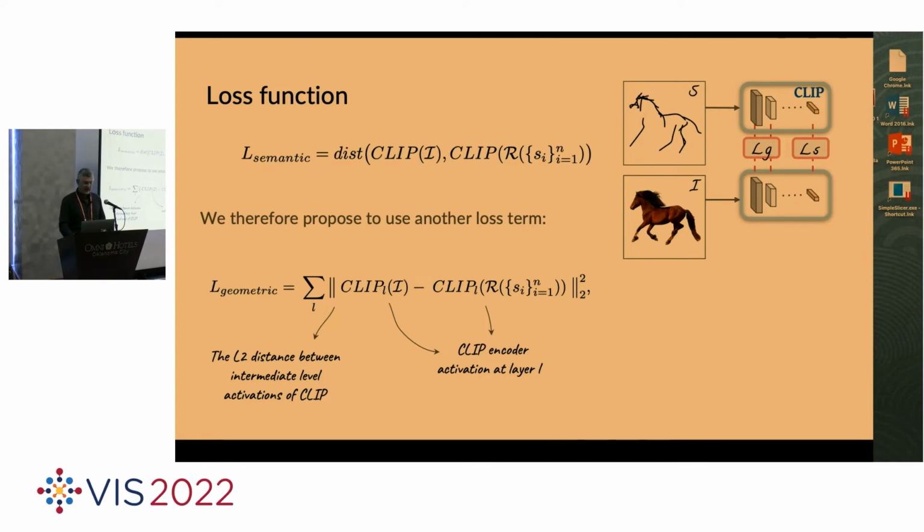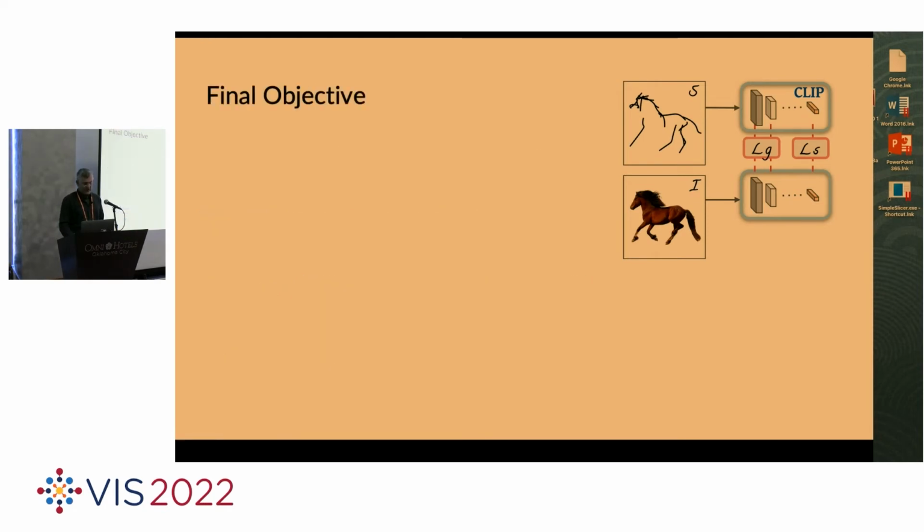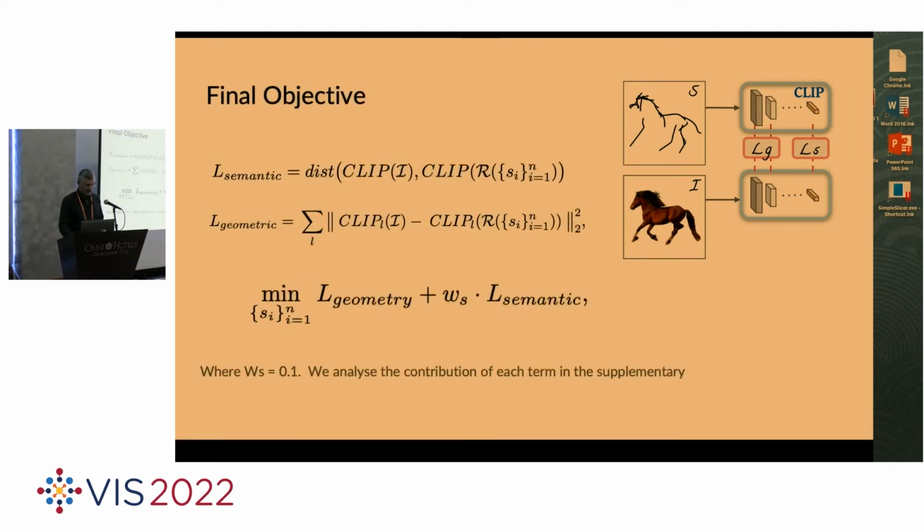This is similar to other neural networks: as you get closer to the input, the features are more geometric and less semantic. Together, we get a loss that combines these two terms. If we combine them, we get a better representation, both semantically and geometrically.